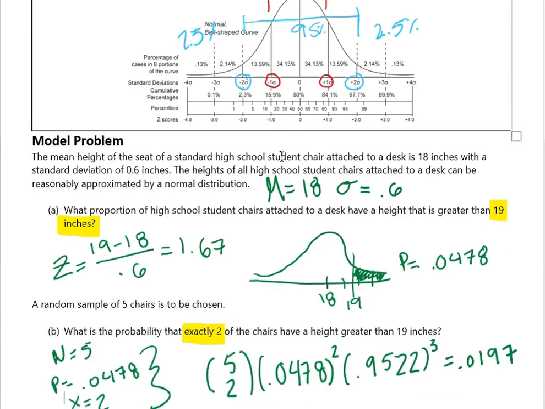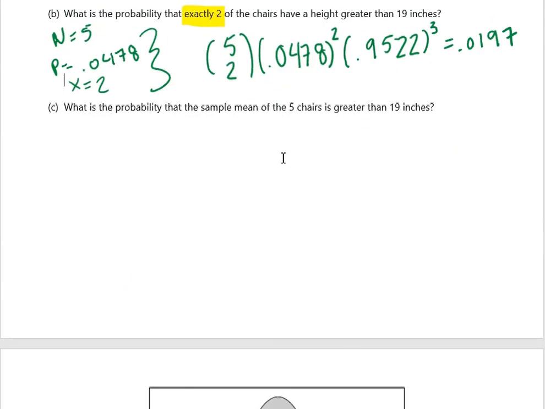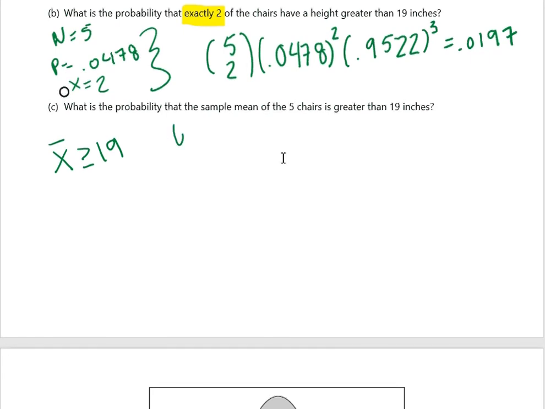So I want my x bar to be greater than or equal to 19. Okay, so my mean x bar is going to be equal to 18, and my standard deviation of x bar is going to be equal to my original standard deviation divided by the square root of the number in my sample, which is going to be 0.27.